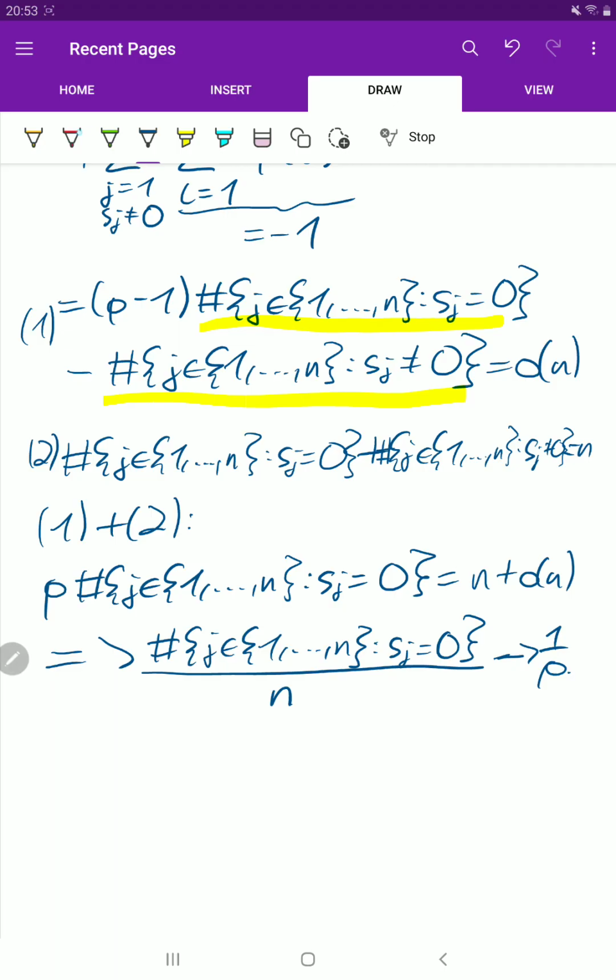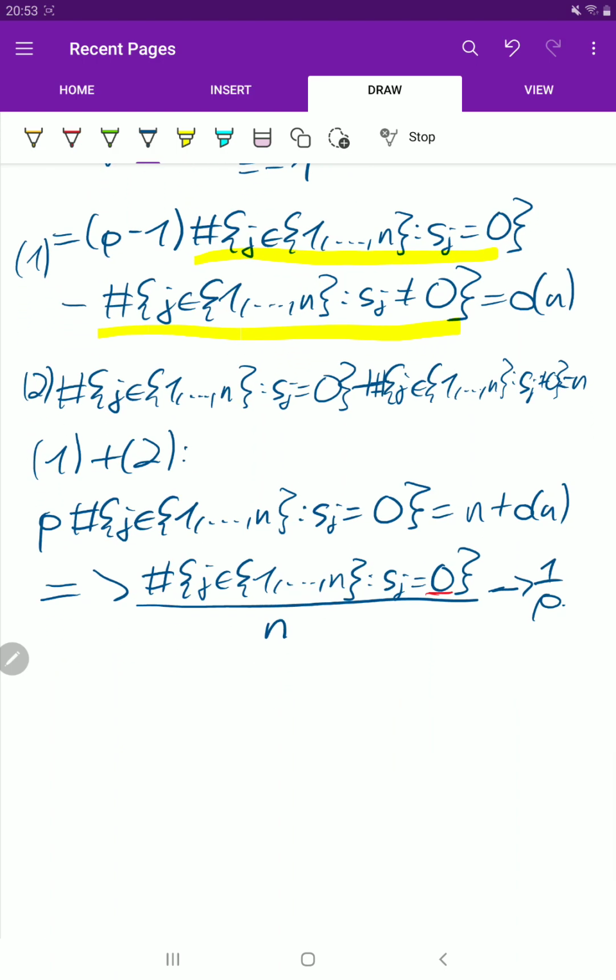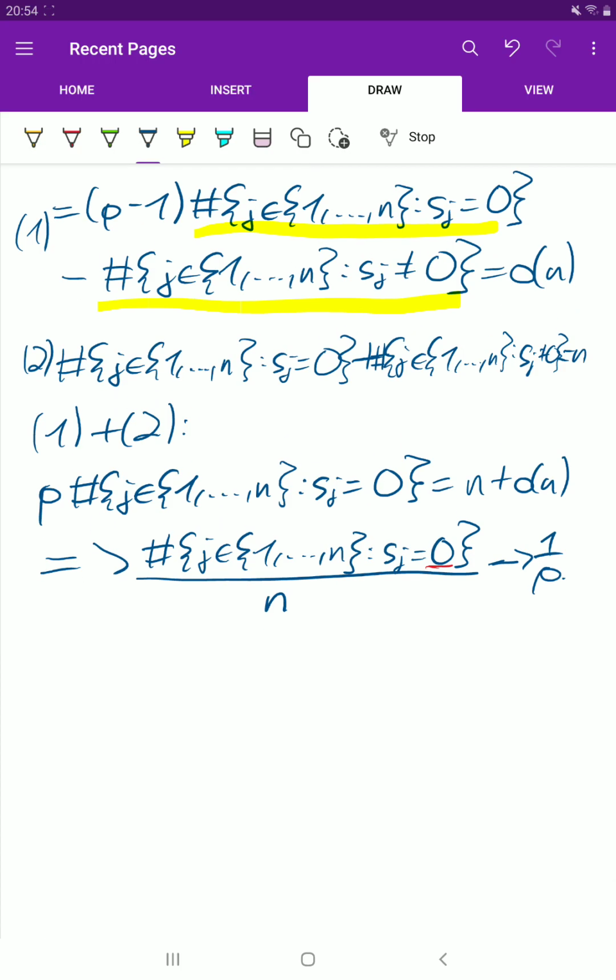The only thing we have to get rid of is this Sj equal to 0, because we only proved it for one subset, but we have to prove it for all size 1 subsets. So in order to prove this, we look at the following.